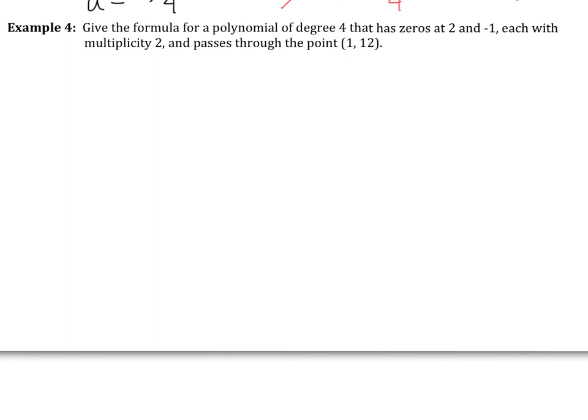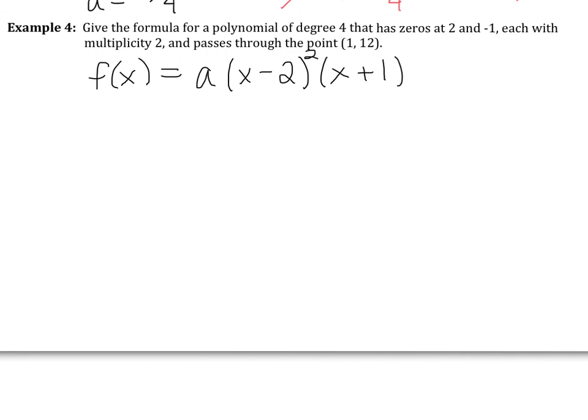So let's start building. It's going to look like this. f of x equals some leading coefficient, and zeros at 2, so that's going to be x minus 2, and negative 1, so we'll get x minus negative 1, so that will become plus 1, and each has a multiplicity 2.